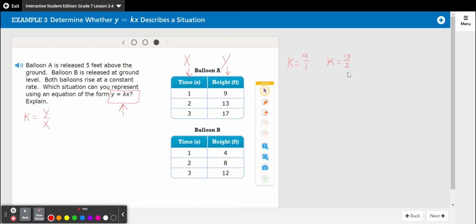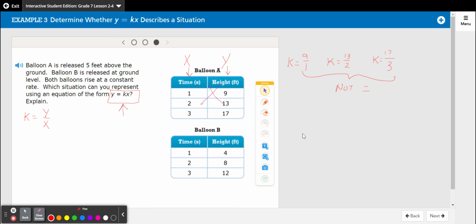Now, 13 over 2 doesn't simplify, and it also does not equal 9 over 1. And if I go one step further, 17 over 3 also doesn't simplify, and none of these are equal. So we're going to say not equal. And since they're not equal, we can't have a k. So we know that that's going to be out.